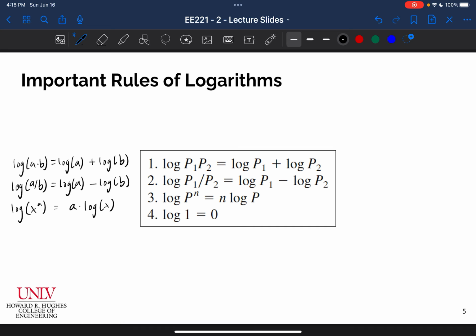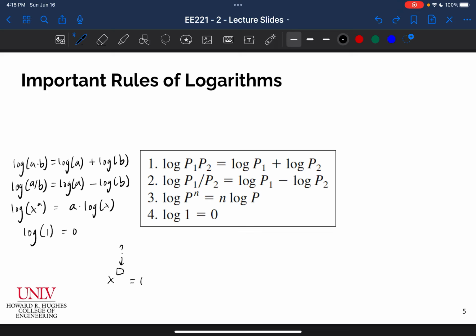And then the last one is that the log base anything of 1 is equal to 0. And we already discussed why that's the case, right? If I have any value x to the I don't know what, right? We don't know what this is, but we know that the answer is 1. This can only be 0, right?